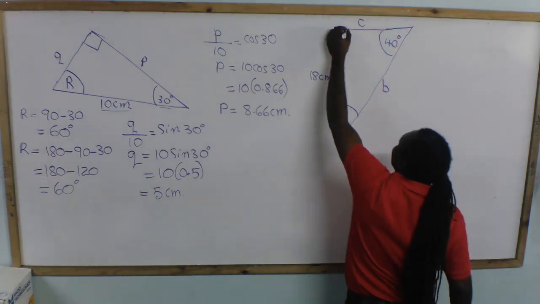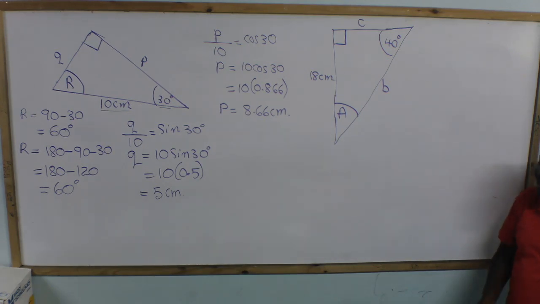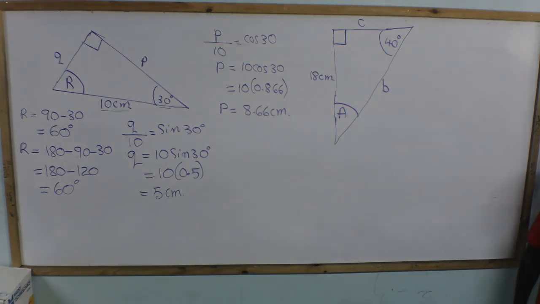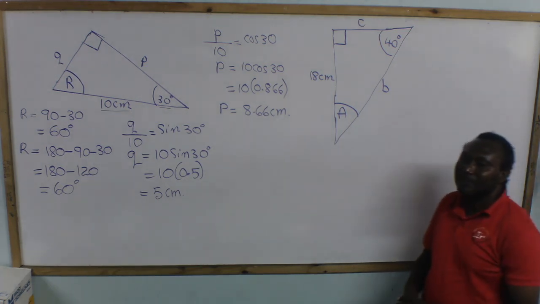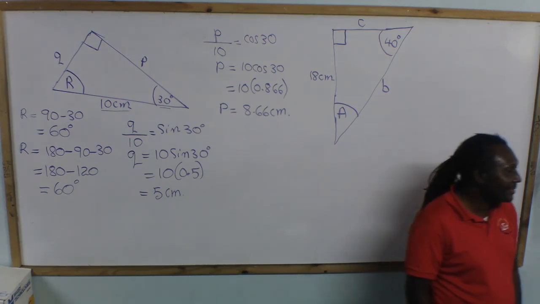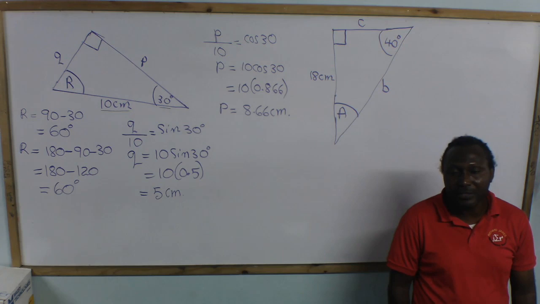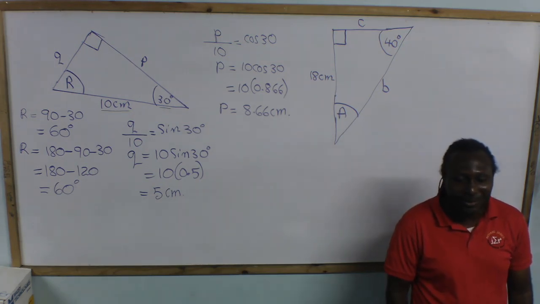And I don't think that there's anything else in that triangle except a right angle. And we're going to solve that right angle triangle. And of course, by solving the right angle triangle, what do we do? Find all of the missing sides and angles.